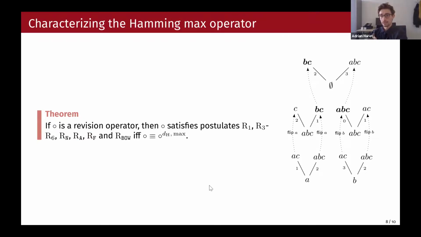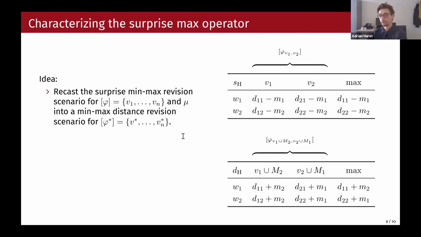So the same ideas that gave you the Dalal operator, using neutrality, addition and flips, and this particular type of axiom that tells you what you're supposed to do when you have multiple choice situations corresponding to the multiple models of phi, turn out to characterize the max operator as well.